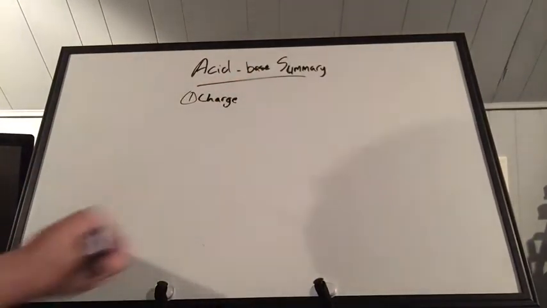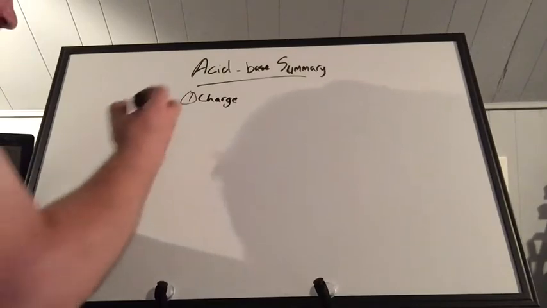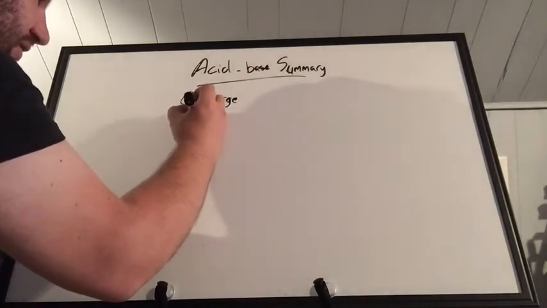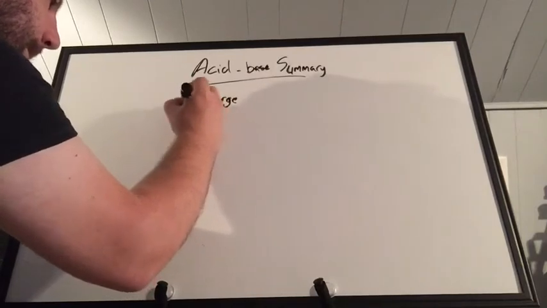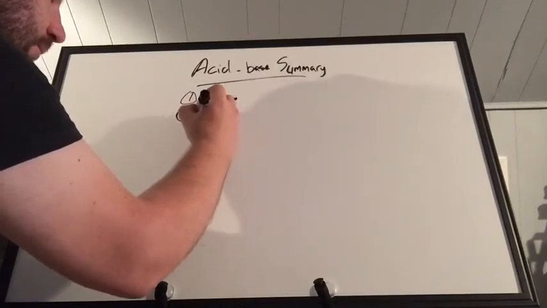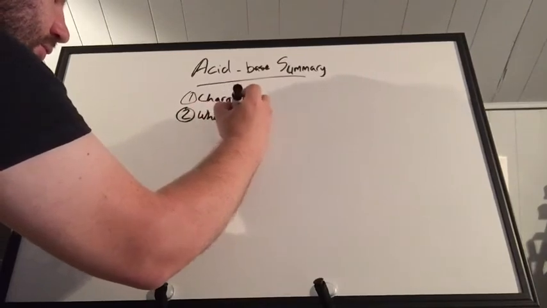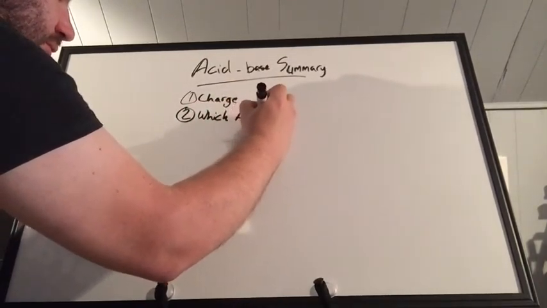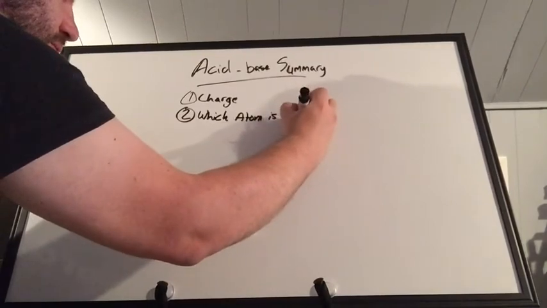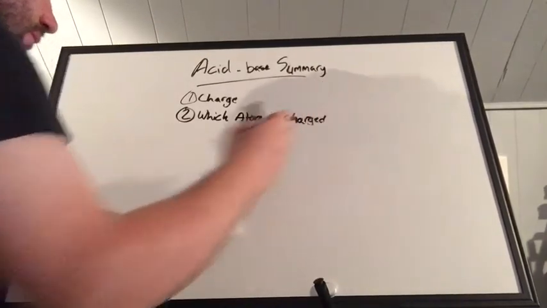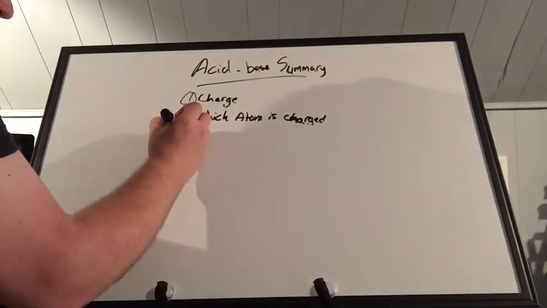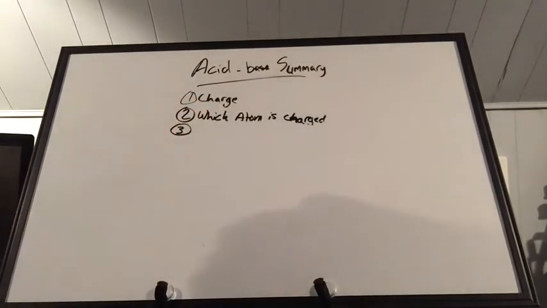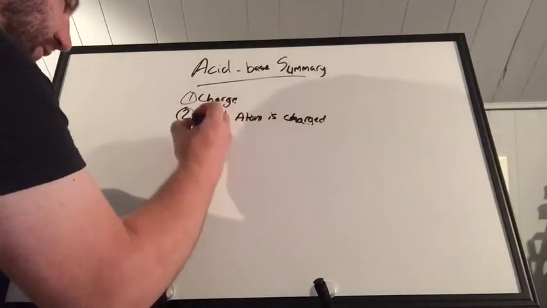Where that charge is going to appear, if it's going to be on a carbon, if it's going to be on an oxygen, nitrogen, etc. So if it's an electronegative one, then you know, more likely to see a negative charge. What else is surrounding it? Okay, so we're thinking about delocalization or resonance.